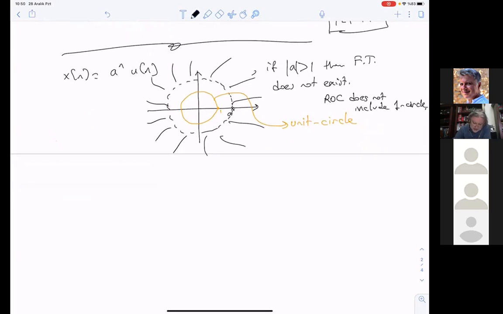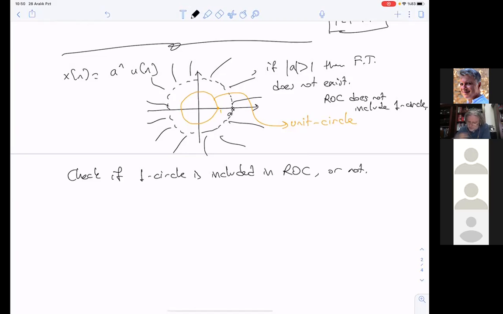You have to check if the unit circle is included in the region of convergence or not. If the unit circle is included in the region of convergence, then the Fourier transform exists, or if it's a system h of n, then the system is stable.